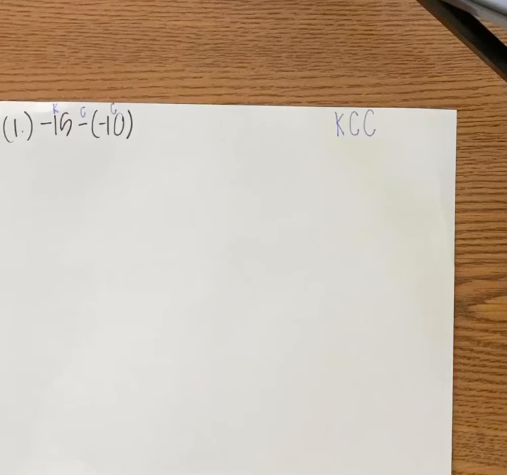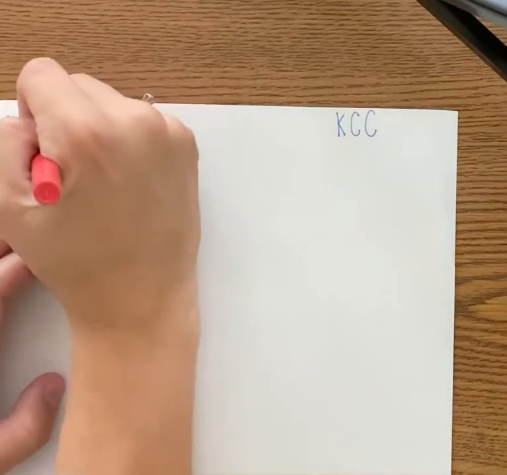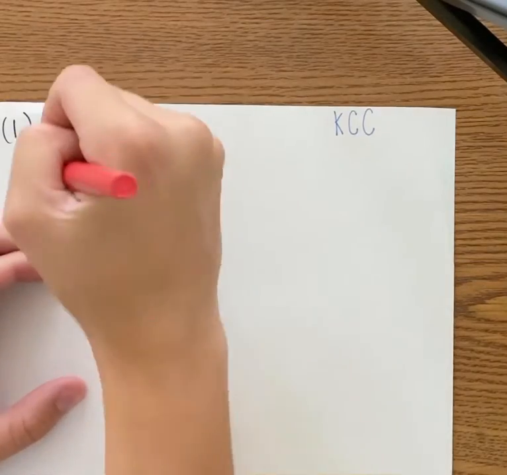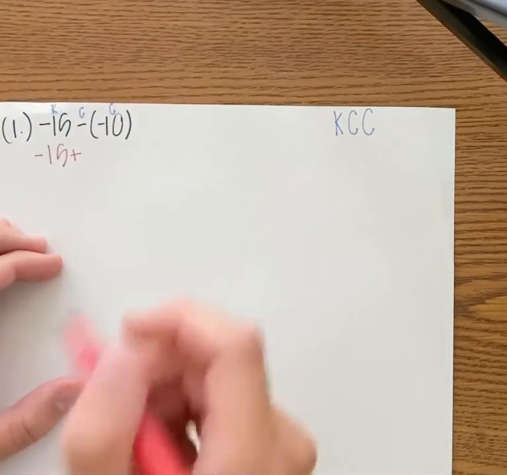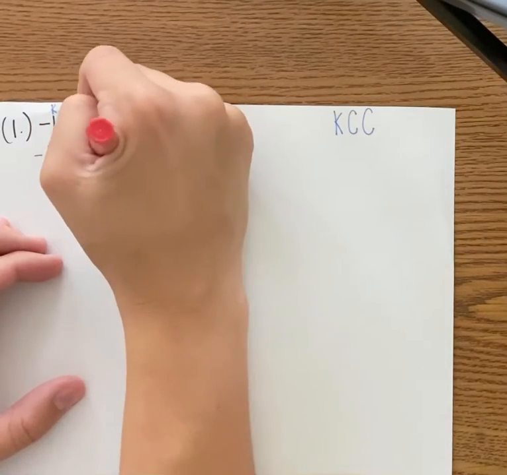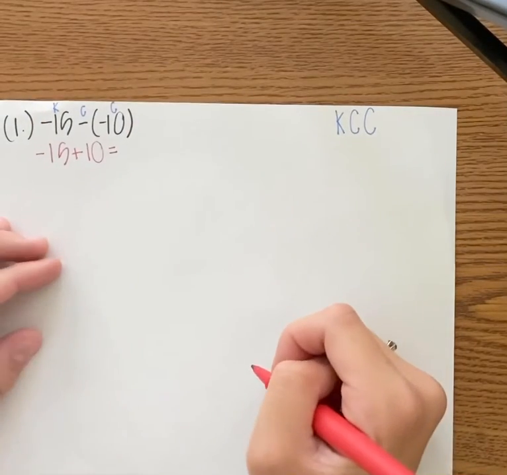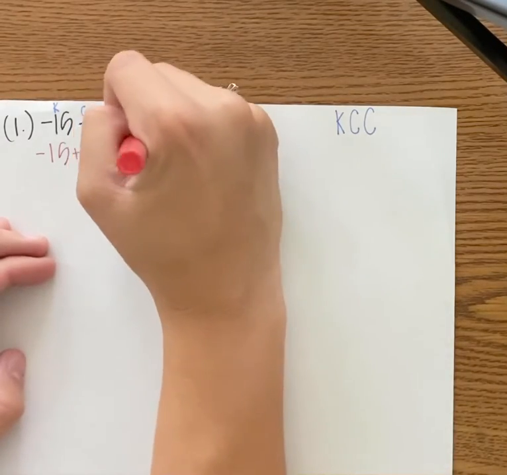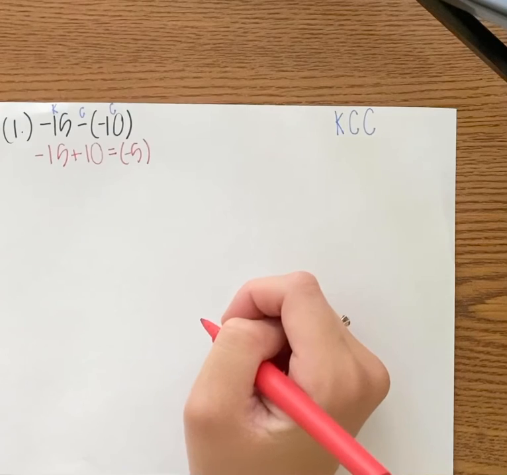When I rewrite this problem, I keep negative 15 the same. I change the subtraction to addition, and I change the negative 10 to a positive 10. Negative 15 plus 10 equals negative 5.